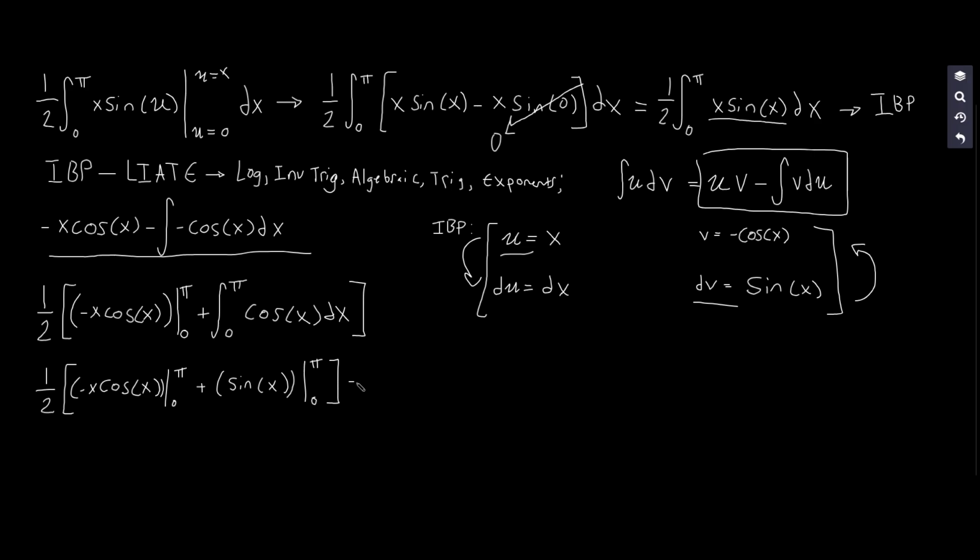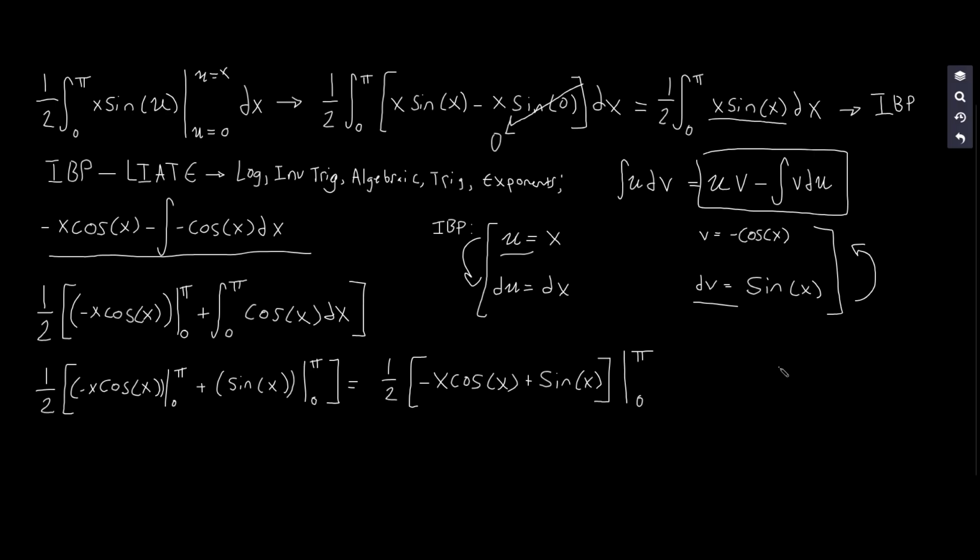Okay, so that's the same exact thing as 1/2 times this whole thing. Actually, I don't even need to put another parenthesis there. This times this whole thing, which is negative x times cosine of x plus sine of x evaluated from 0 to pi.